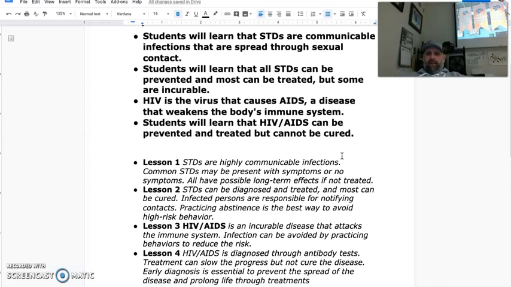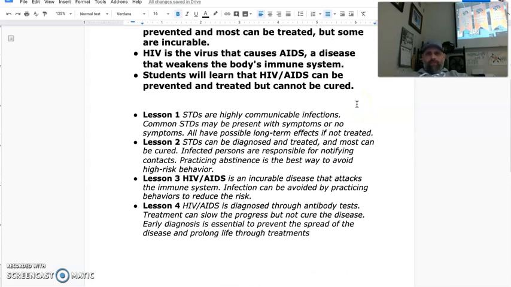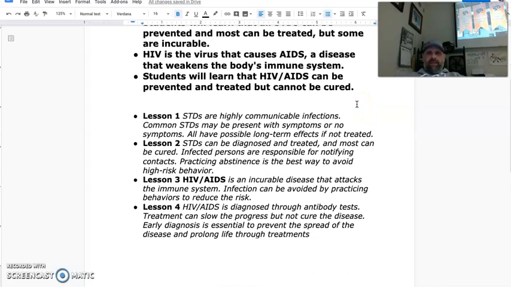HIV is a virus that causes AIDS, a disease that weakens the immune system. And you're going to learn that HIV and AIDS can be prevented and treated.